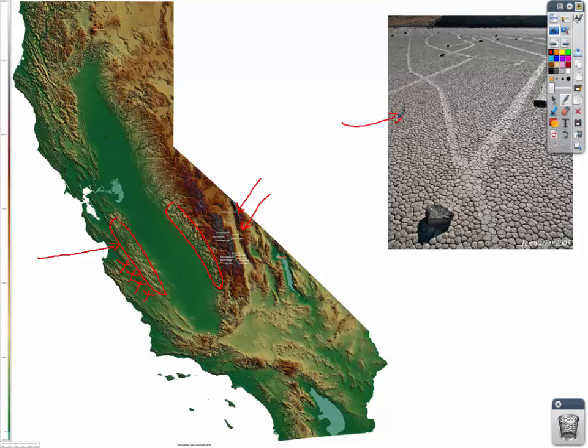I just threw this in here for you to be entertained. This is called Racetrack Playa. These are things that you can look into if you're interested. Racetrack Playa has a very interesting mystery going on there. These rocks will actually slide across this dried up lake, and no one has actually ever witnessed one of the rocks moving.